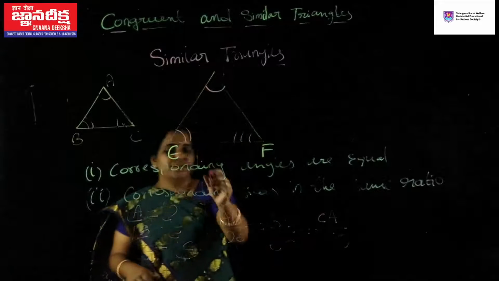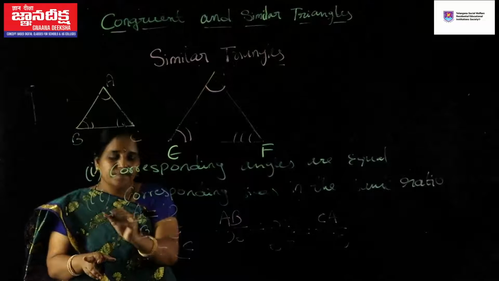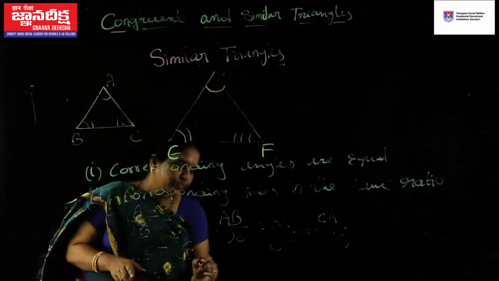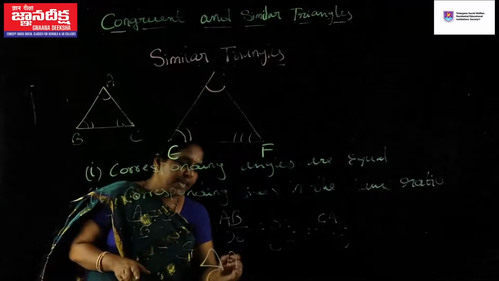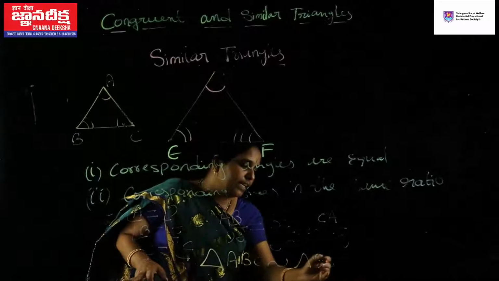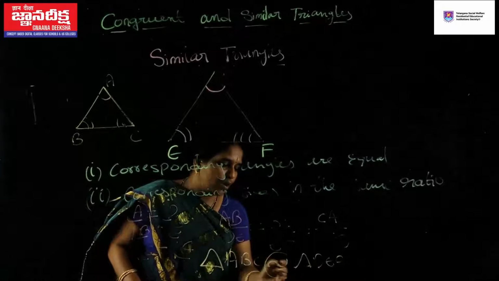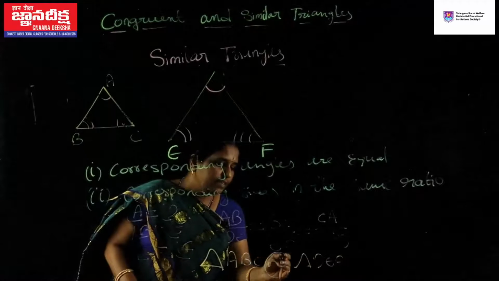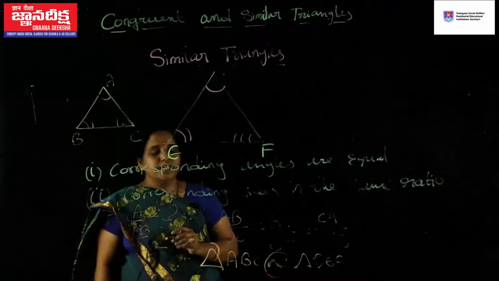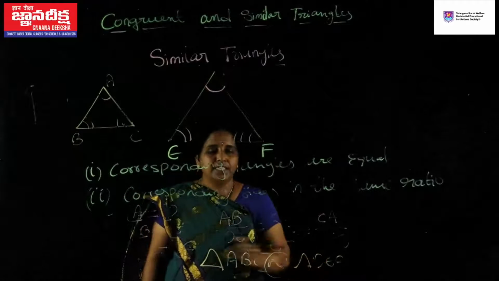Okay, so if these two rules are satisfied, then we say triangle ABC is similar to triangle DEF. This symbol of similarity is called tilde. This symbol tilde is used for similarity. So triangle ABC is similar to triangle DEF.